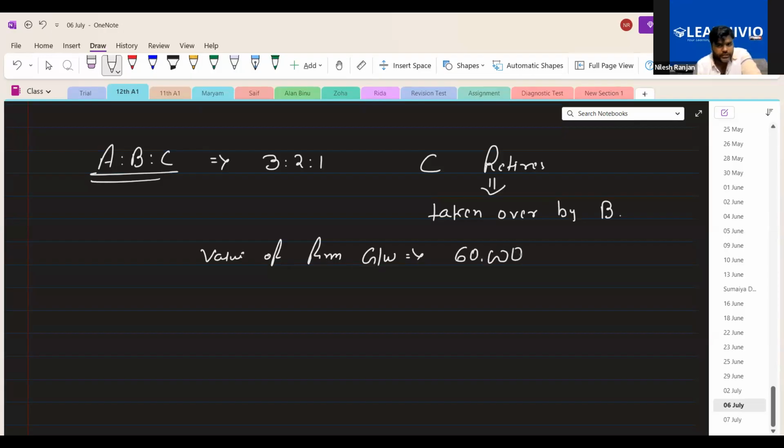Can you tell me how much amount of goodwill will be paid to C, and who will pay this amount?